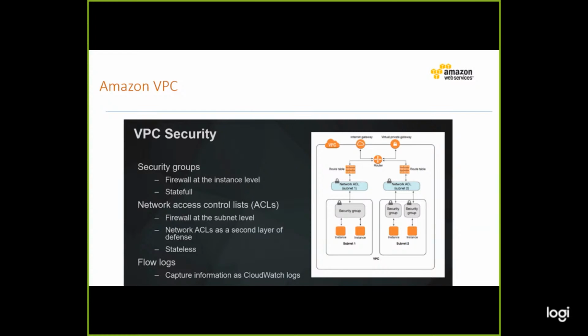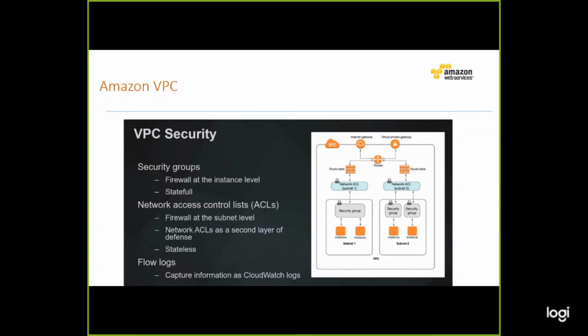So what is the security available? We can use a security group for an individual instance, and that is going to be stateful. So the traffic coming into the instance through the security group, then the return traffic will be retained and allowed. If it's not, then that would be stateless.